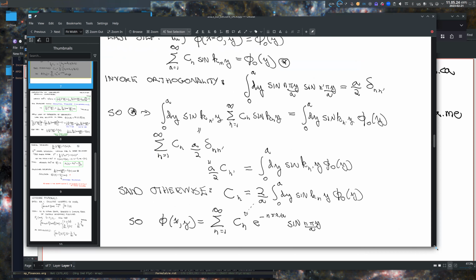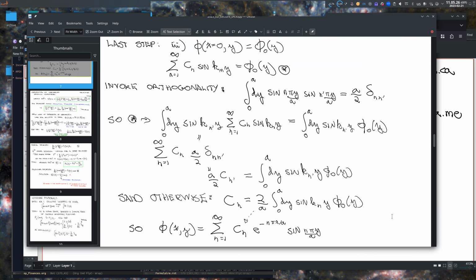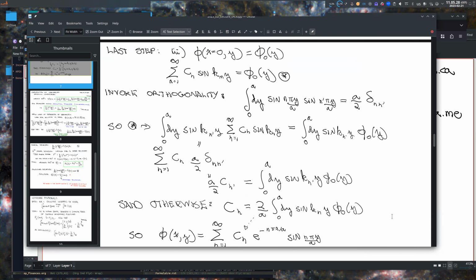When we write the general solution to the Laplace equation, we write it by the principle of superposition as a linear combination of lots of different basis solutions combined with each other with little numerical coefficients, saying 1% of that one, 3% of that one, etc. These 1%, 3% are the Cn that we have here.